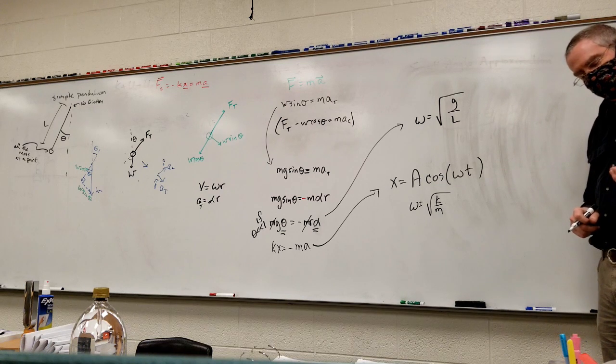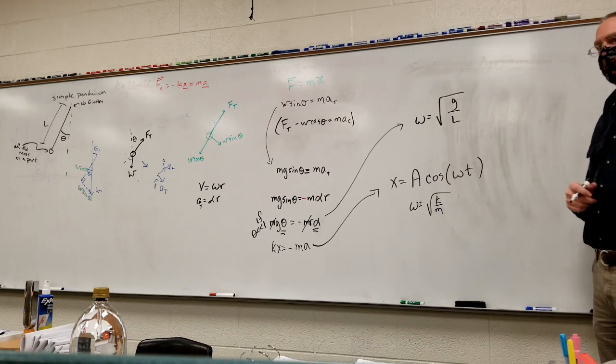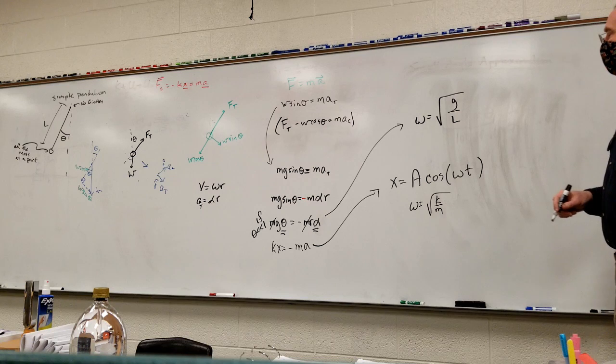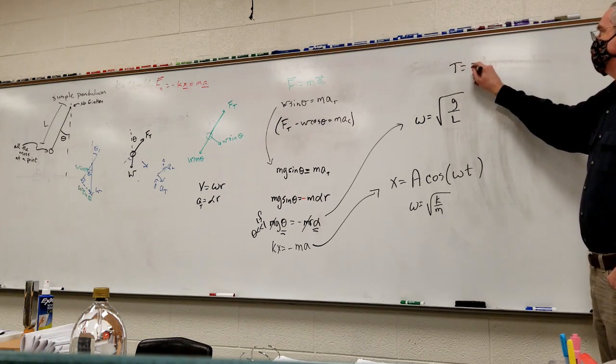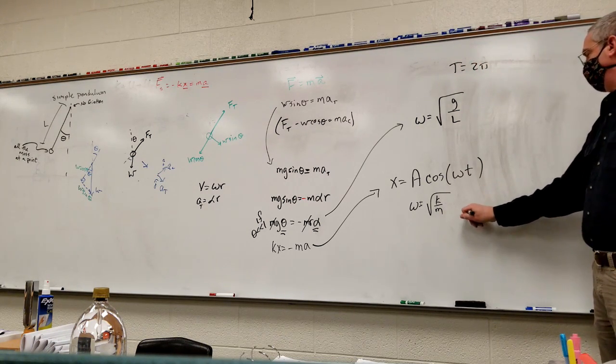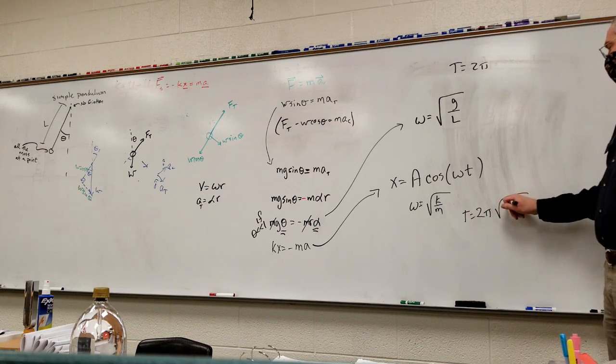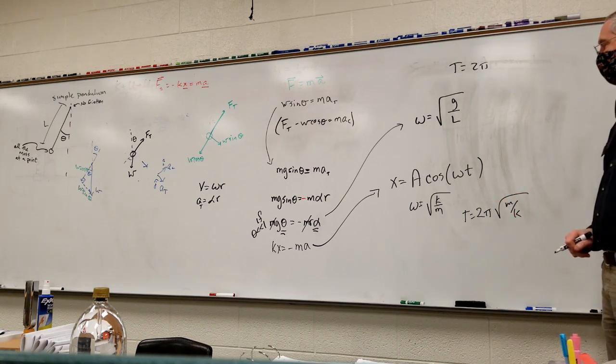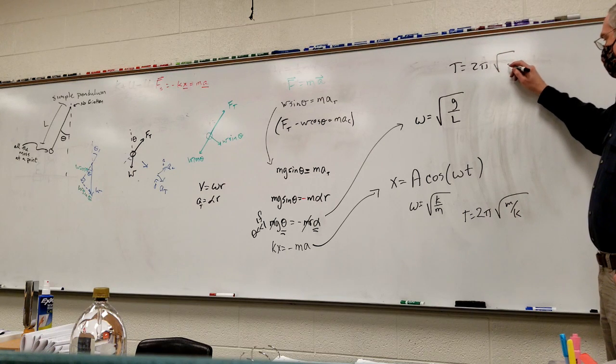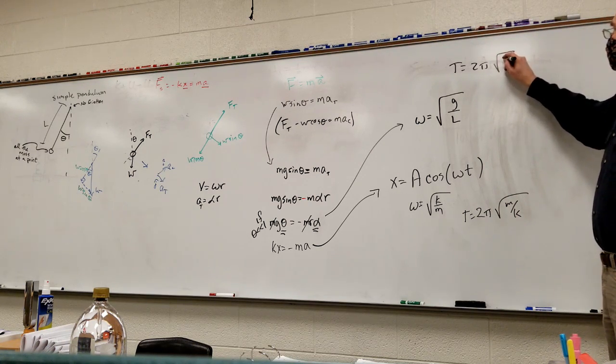So if I take a simple pendulum and I just let it swing, I have its angular frequency. The period, which is 2 pi square root of m over k, now becomes T is equal to 2 pi square root of L over g.